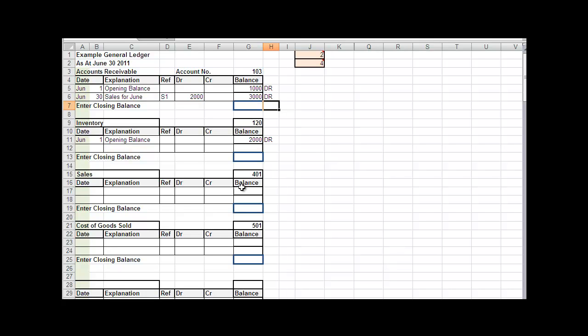Then the other side of that transaction was sales, so that's June 30, and actually when we say sales here, this is the credit sales for June, reference S1, and this is a credit of $2,000, and so we have a credit balance of $2,000.